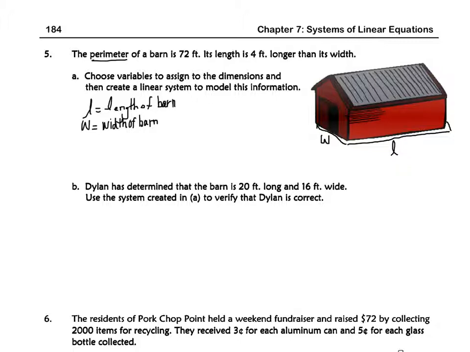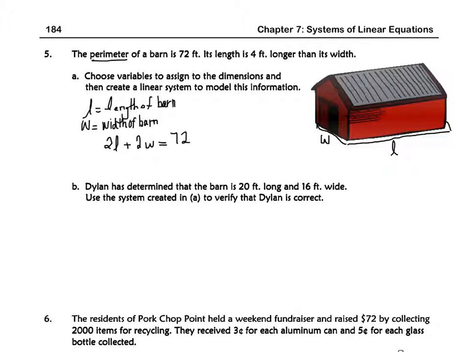So one equation would be about the perimeter of the barn. We can relate the length and the width using the statement that the perimeter of the barn is 72 feet. And you should know from your earlier work with perimeter in junior high that the perimeter of a rectangle is 2 lengths plus the 2 widths, which should add up to 72. That would be one equation.